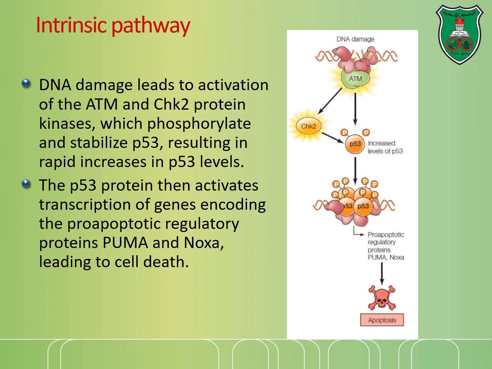This protein would activate a protein known as p53, either directly or indirectly by activating another protein known as CHK2. Now, this p53 protein is given this name because its molecular weight is 53 kilodaltons. So it's a protein, with P, with a molecular weight of 53 kilodaltons.